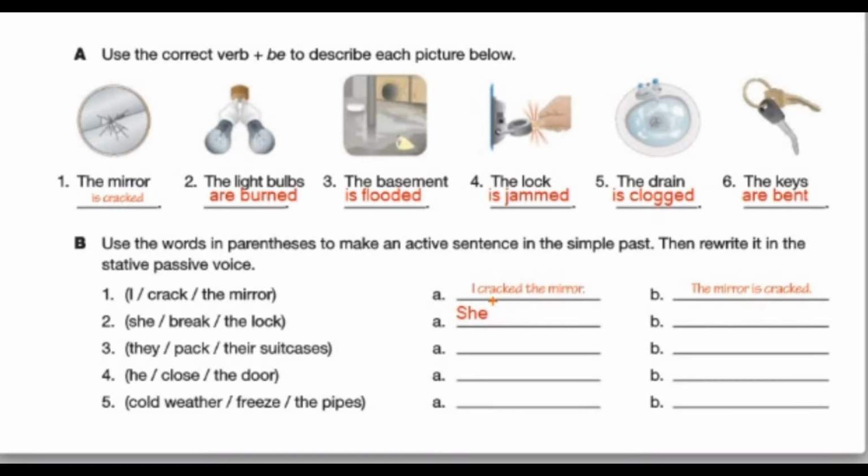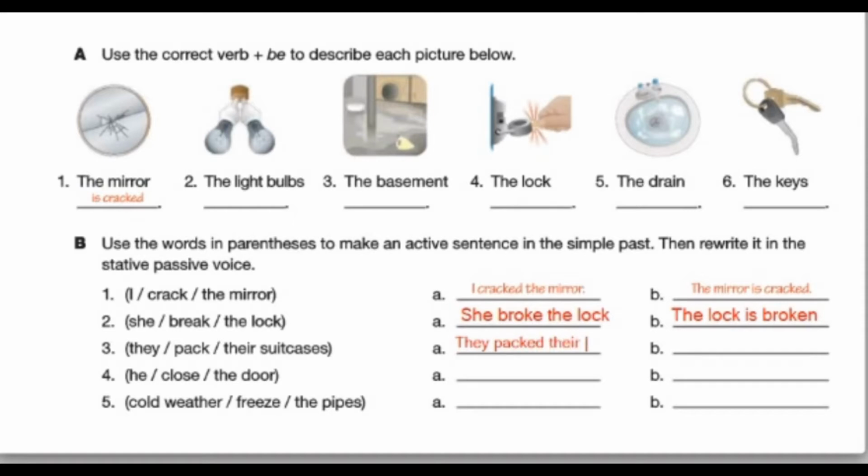She broke the suitcase. The state of the suitcases are packed.